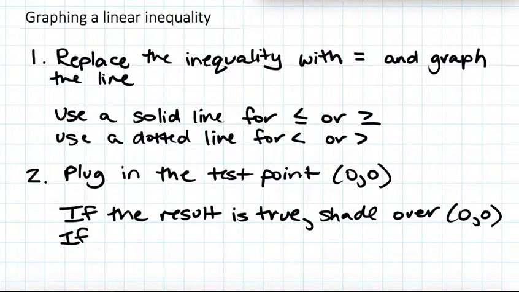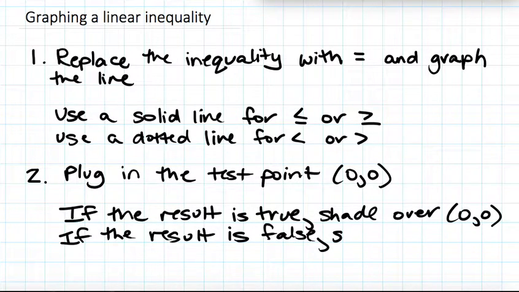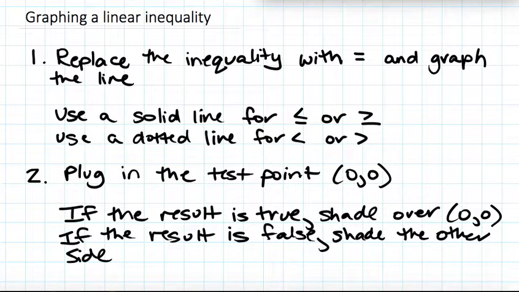If the result is false, then you shade the side that does not include 0, 0. So you shade the other side. So those are the steps.